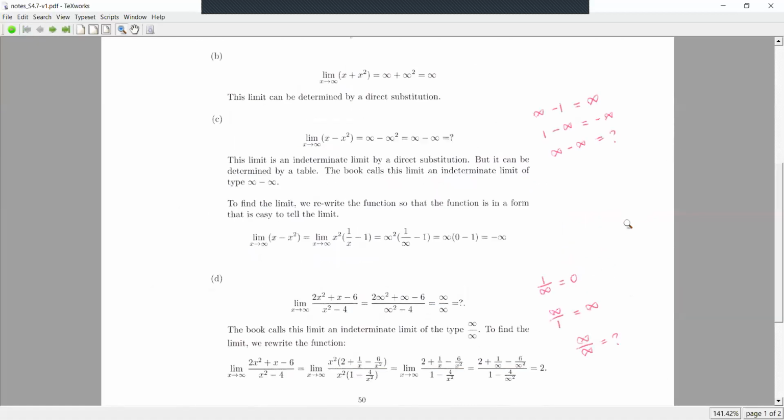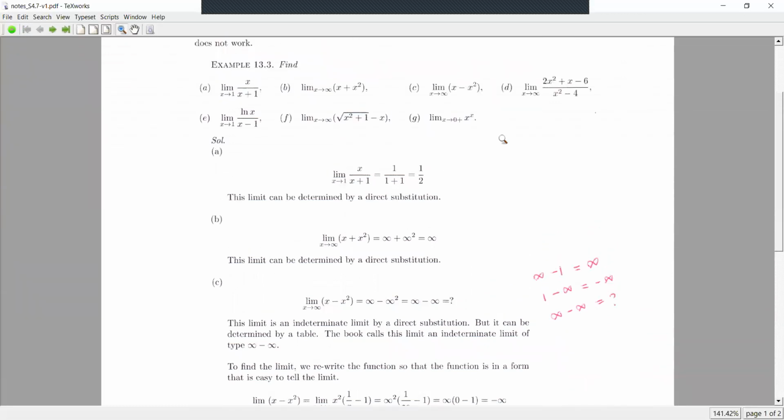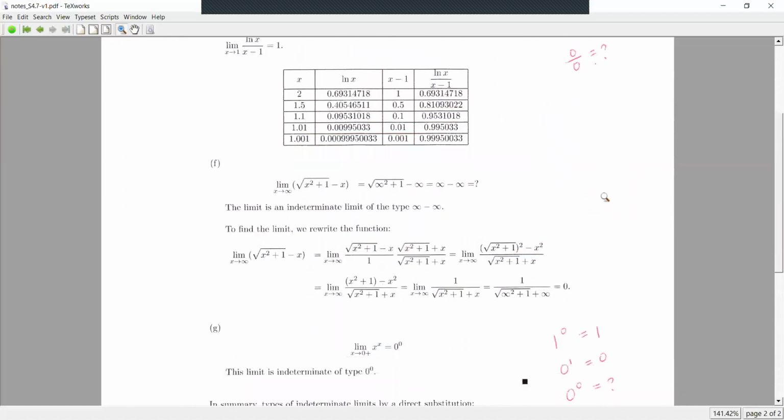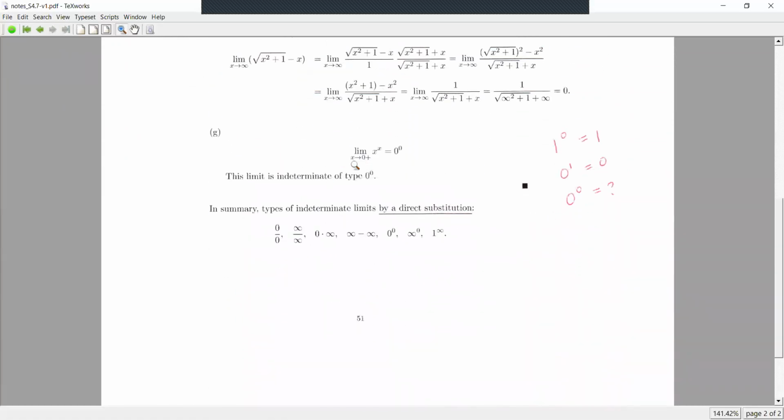The limit in g. When x approaches 0 from the right side, that means that x is positive. When x approaches 0 from the right side, what number will x to the x squared approach? Direct substitution, plug in 0 in x, then we get 0 to 0. What is 0 to 0?